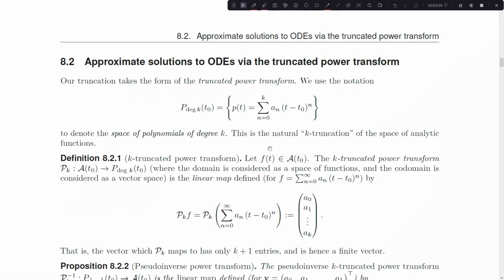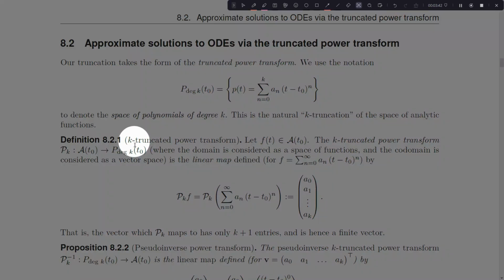And then from there I call something the k truncated power transform, and understandably, don't get confused that it's k truncated, even though our space is dimension k plus 1. You just have to make a choice, okay? So there's k plus 1 entries in our k truncated power transform, and we're going to define it as taking an analytic function. I'm putting a sub k on my power transform.